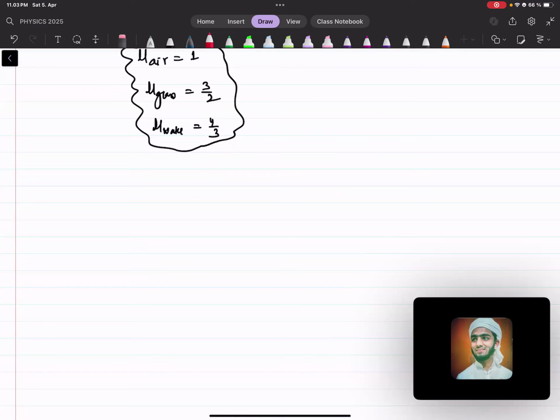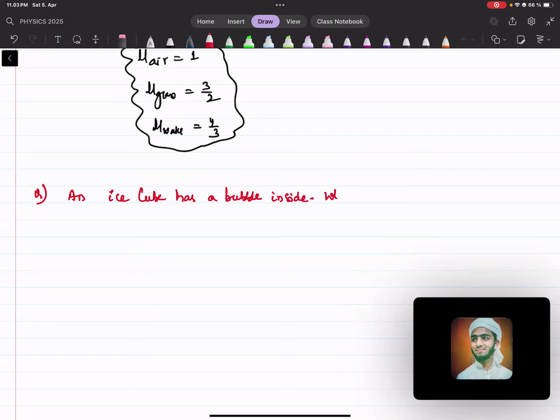Now this question you do. If you can do this one, then I can understand that you have understood a little bit of this refraction concept. An ice cube has a bubble inside.